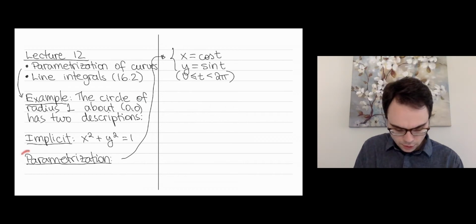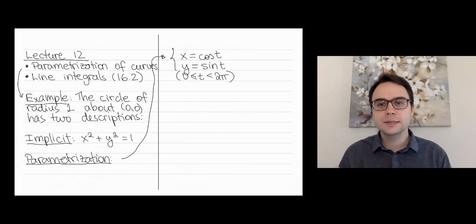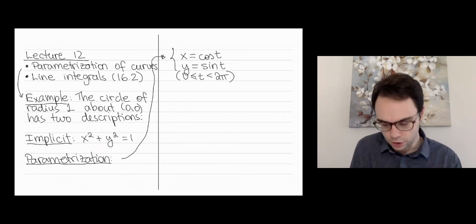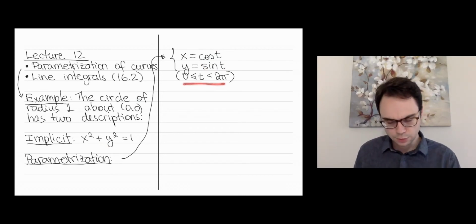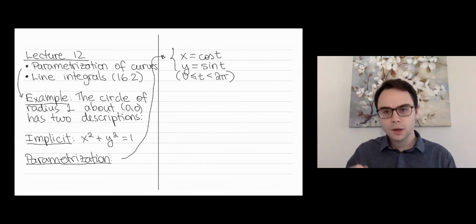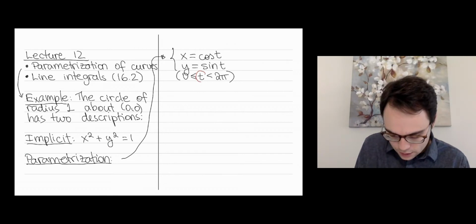So the parameterization is the explicit description of the circle. I'm looking at points where x is cosine of a number and y is sine of that same number, and the number is between 0 and 2 pi. Here t is the parameter.